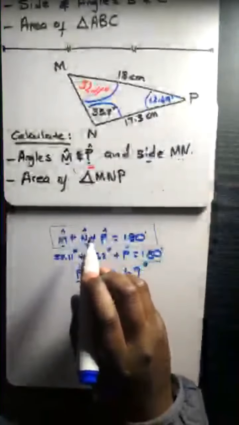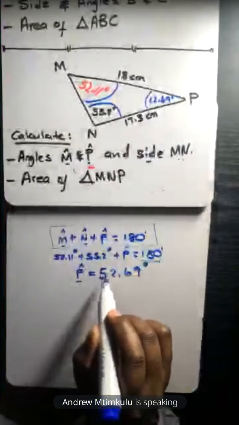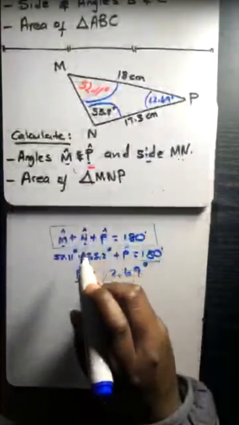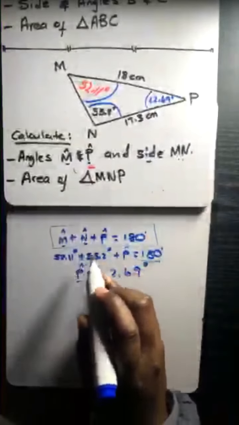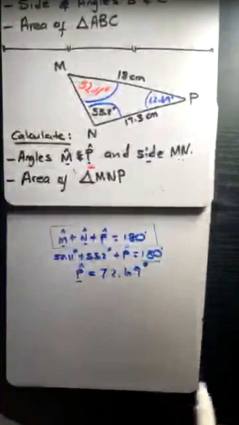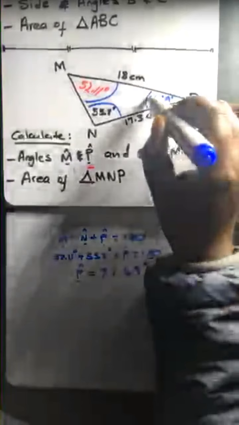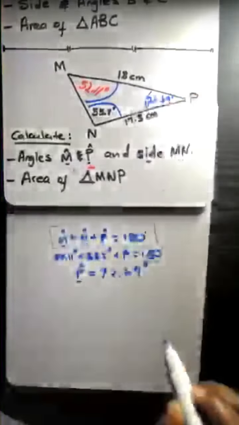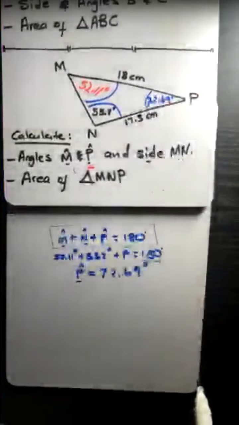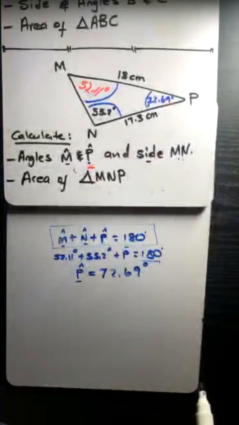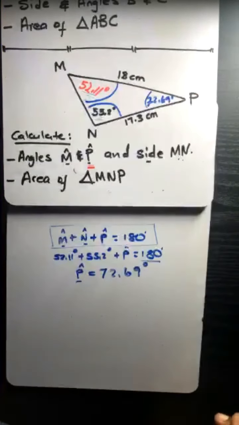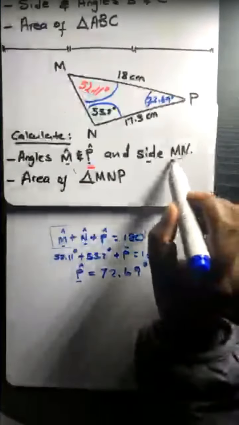Oh, 72. He says 72.69. So over there, it is actually 72.69. So can you guys see that it is therefore easy to calculate MN without us having to calculate it?